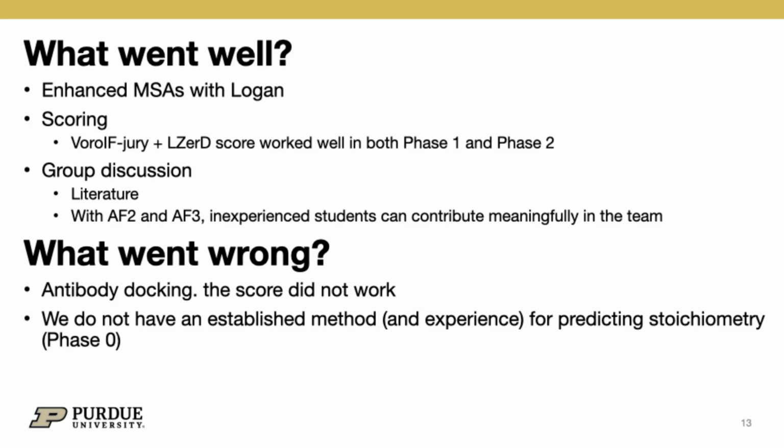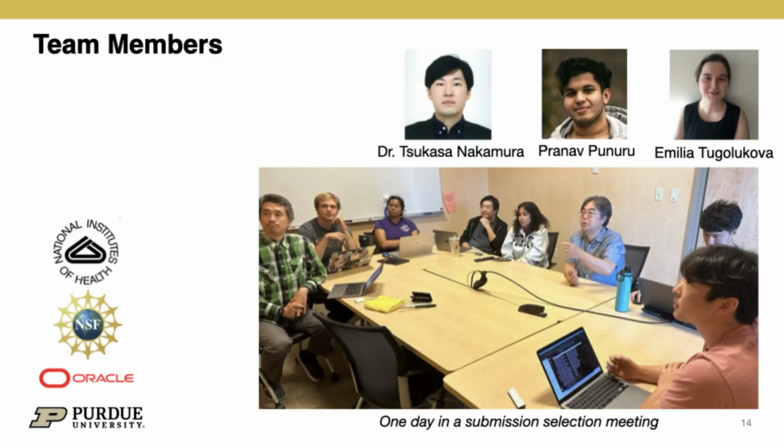And then group discussion. We still do the group discussion every day in summer, and that worked. And actually, we also had 3 undergrad students in my lab. In the past, undergrad students could not contribute too much to CAPRI.